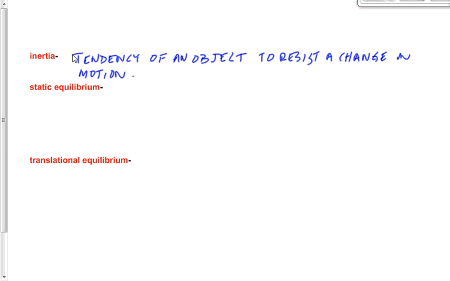In other words, if something's at rest, it wants to stay there. If something's moving, it wants to stay moving at a constant speed in a straight line. It doesn't want to change motion. And it depends upon one thing.